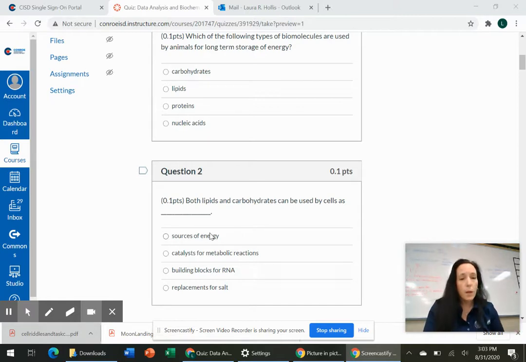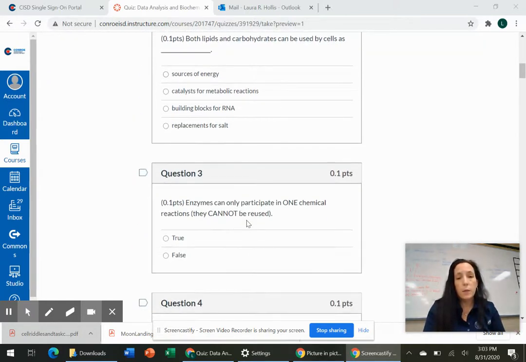Okay? Number 3, enzymes can only participate in one chemical reaction. They cannot be reused. That is false. Enzymes are specific to a substrate, but they can be used many times as long as the environment is safe. Remember, enzymes can be denatured if it's high pH.